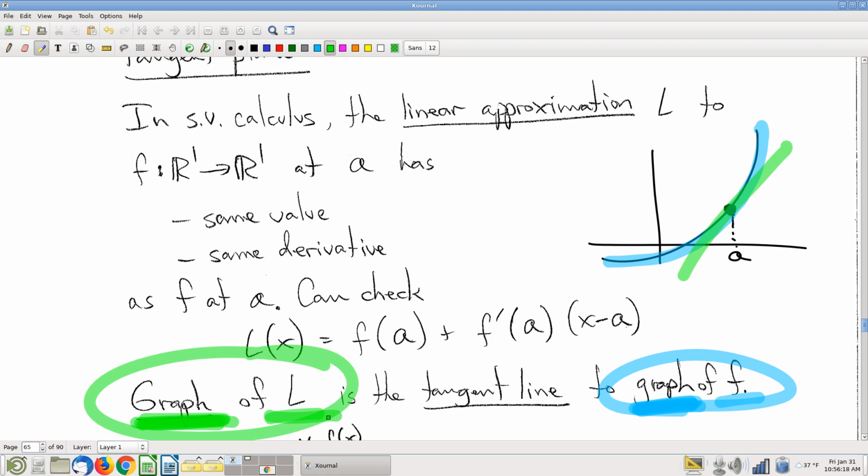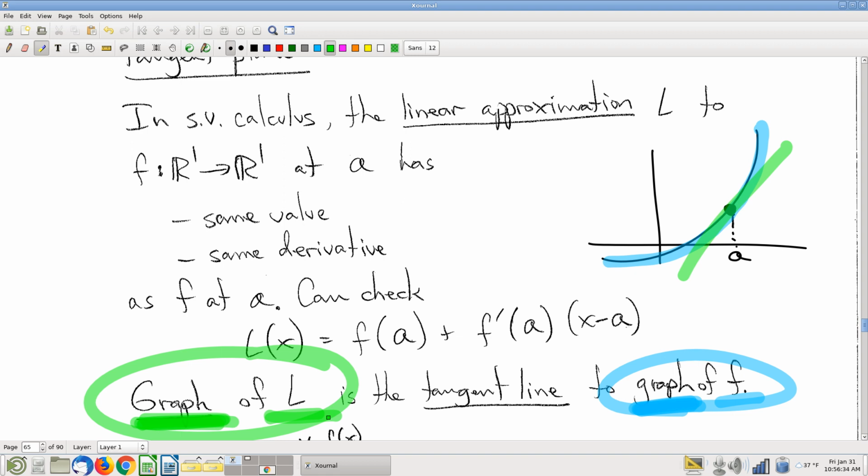In other words, if L is doing a really good job of approximating f, then the graph of L is going to track the graph of f, and isn't that the idea of what we feel like a tangent line should be? It's a line that's following the curve.